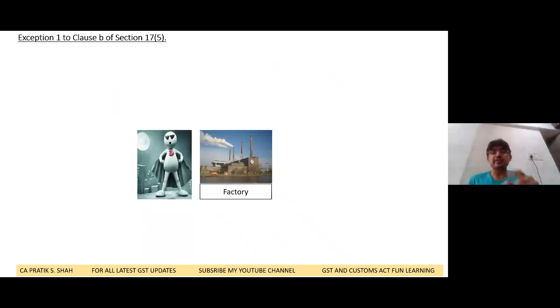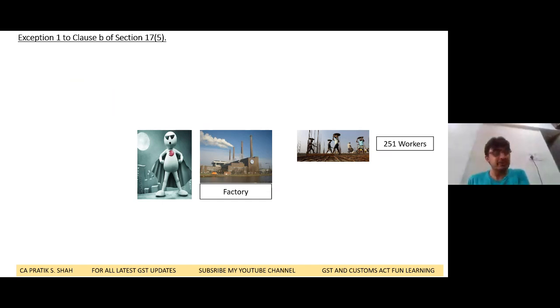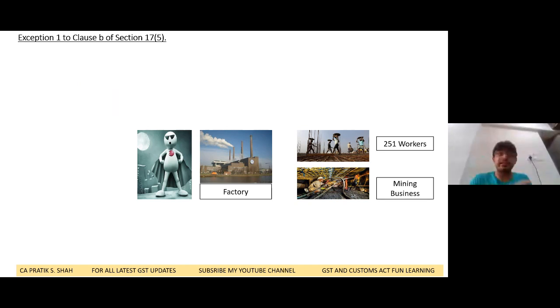Say this is a taxpayer. He's running a factory with 251 workers, and he's also doing some mining business, where you go deep underground and do construction work.